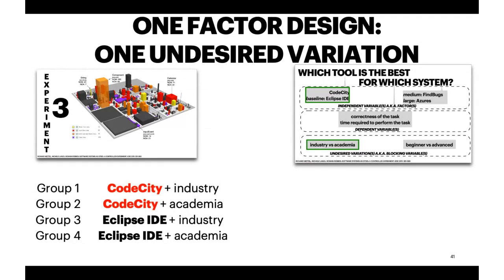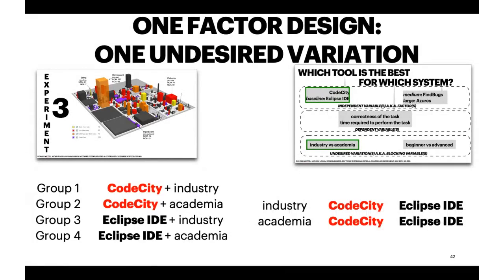The choice between CodeCity and Eclipse, of course, happens randomly, but there is no real choice between industry and academia because people are either from the industry or from academia. We can also write this down as shown on the right. And this doesn't really mean that the same person first should work with CodeCity and then with Eclipse. This simply shows that some people from the industry work with CodeCity and some others with the Eclipse IDE.